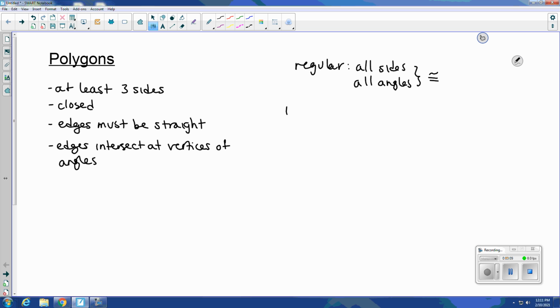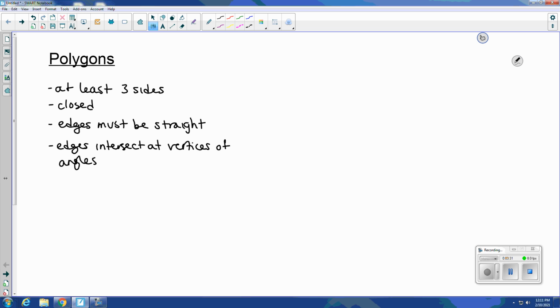Now, what makes irregular? Well, it's not regular. So not all sides and not all angles are congruent. So if we have the vocab term regular thrown in with our polygon, where we have a regular triangle, we have a regular quadrilateral referring to 4 sides, then we know all the sides, all the angles are congruent.